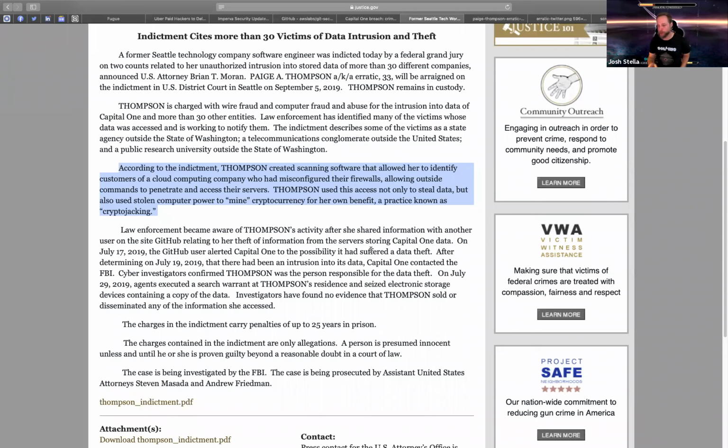The second one is that Thompson used this access not only to steal data, but also used stolen computer power to mine cryptocurrency for her own benefit, a practice known as cryptojacking. This is extraordinarily common, okay? So back to motivation. In this case, the hacker never sold the data, never bribed the company with the data.